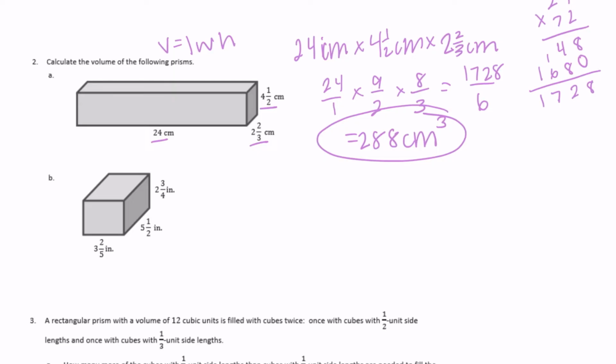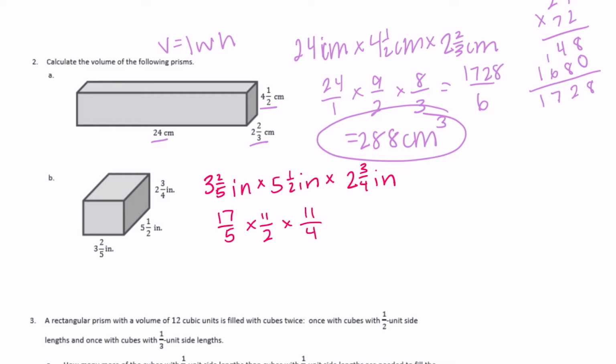So B, we have 3 2/5 inches times 5 1/2 inches times 2 3/4 inches. They are mixed numbers, so let's make them improper fractions. So 17/5 times 11 halves times 11 fourths.